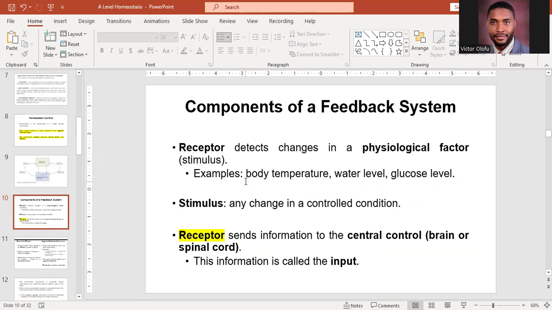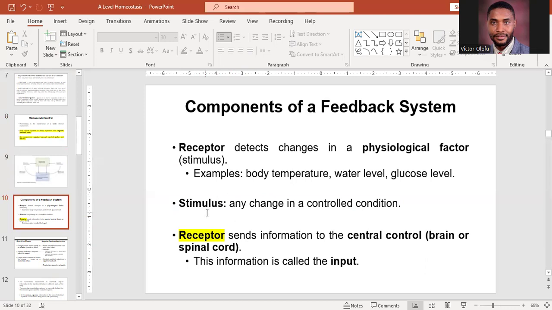Any disruption from the normal physiological state of the cell is a stimulus. It can be internal or external, like temperature, heat, pressure, glucose concentration in the blood. All these are stimuli. Anything that the body responds to.